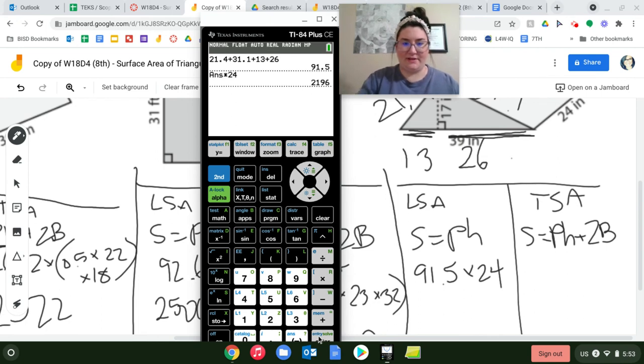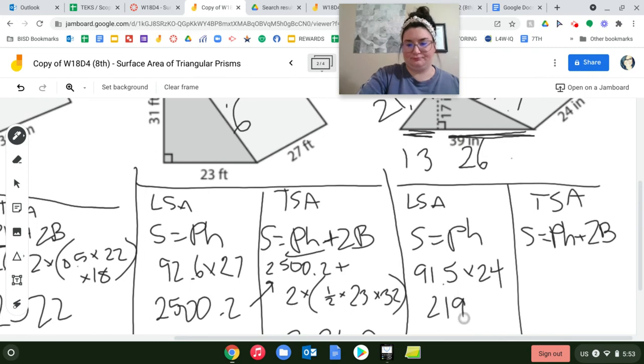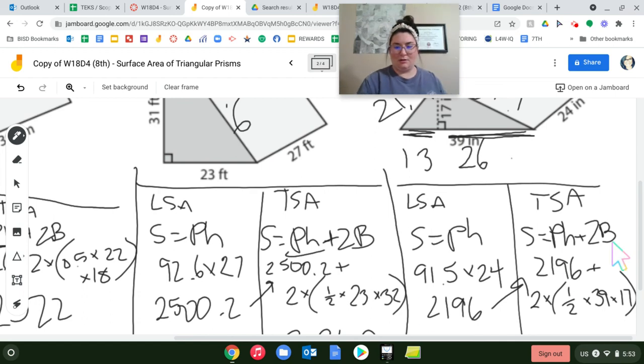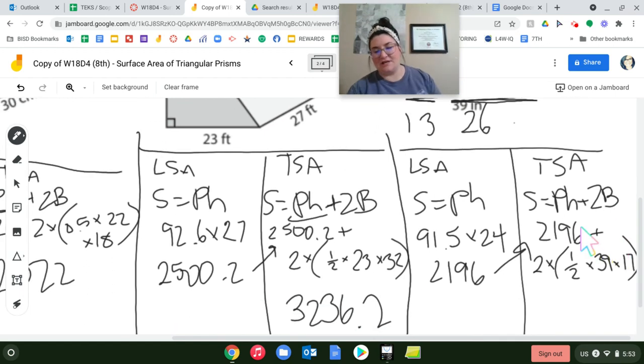All right, so here's my lateral. And taking my lateral plus 2 of my bases.